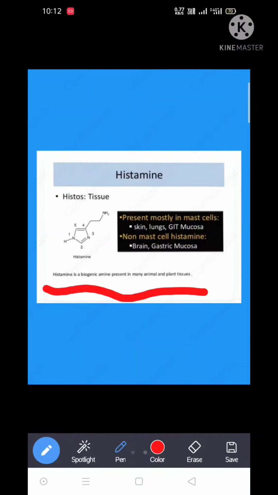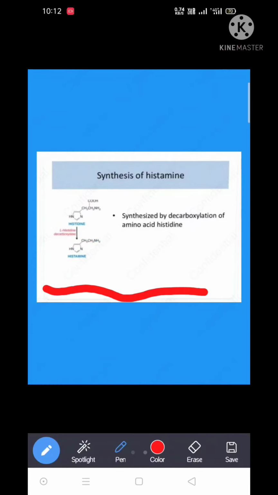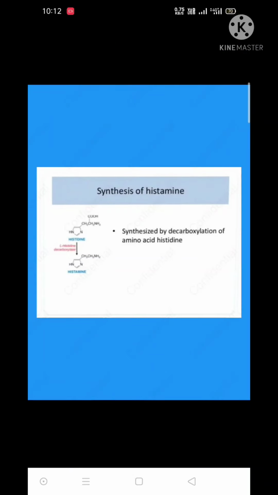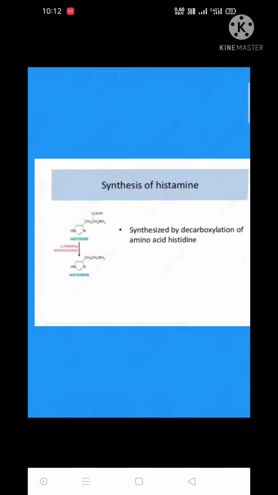Okay, so let's move forward. Wait, one second. Let me erase first. Here, synthesis of histamine. How can we synthesize histamine? It is very simple. We can use histidine as a precursor to synthesize histamine.